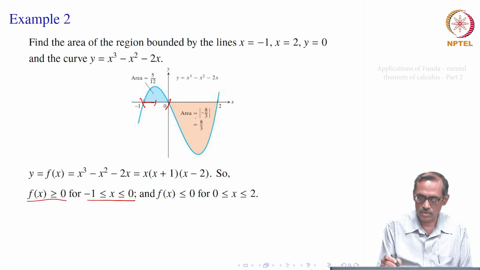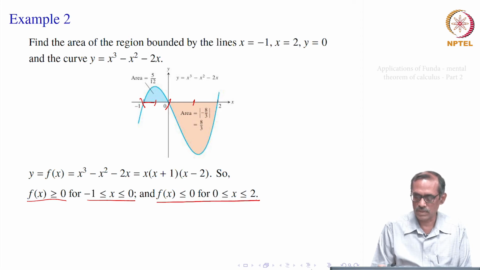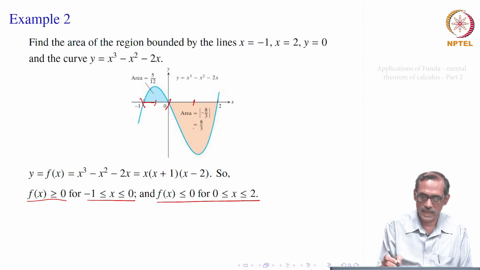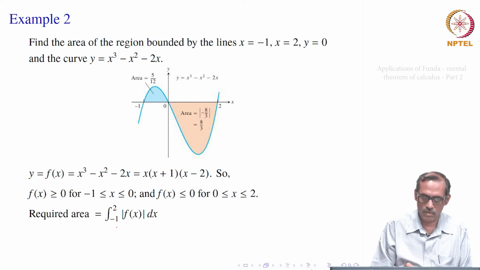Next, if you go to any point between 0 and 2, x is positive, x minus 2 is negative, x plus 1 is positive. So, you would get negative, that is f x is less than or equal to 0 for 0 less than or equal to x less than or equal to 2, and that is also shown correctly in the picture. So, then the area will be modulus of this from minus 1 to 2 integral, that we can now break.